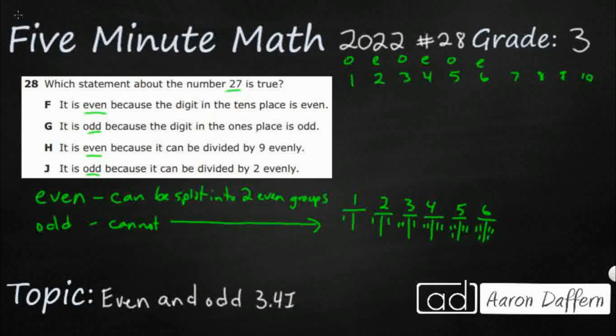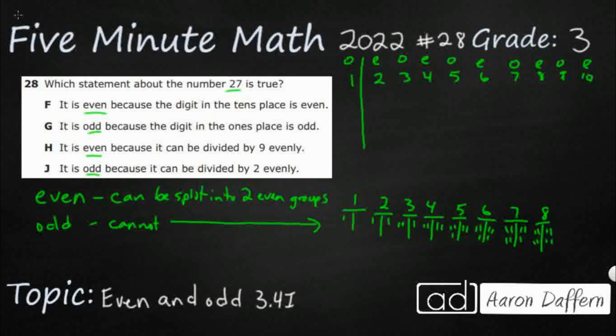So you notice my pattern, odd, even, odd, even, odd, even. And we've got 7. We can say that's going to be odd because it's 1, 2, 3, 4, 5, 6, 7. Whereas 8 is going to be even because it's 1, 2, 3, 4, 5, 6, 7, 8. All right, so that's our pattern.